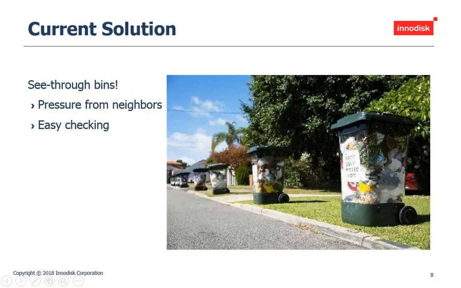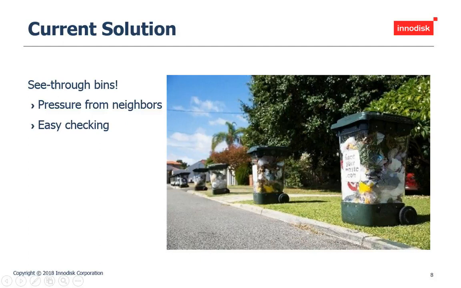The Australian government recently thought of a solution: they want to use see-through bins. As you can see from the picture, these are crystal clear garbage bins where you can see exactly what is in the bin. They are hoping that by using this, you will feel some pressure from your neighbors, because if you throw something recyclable inside, people will know.